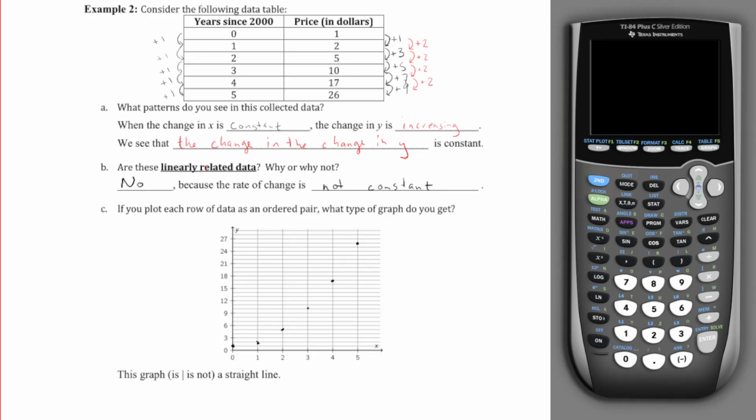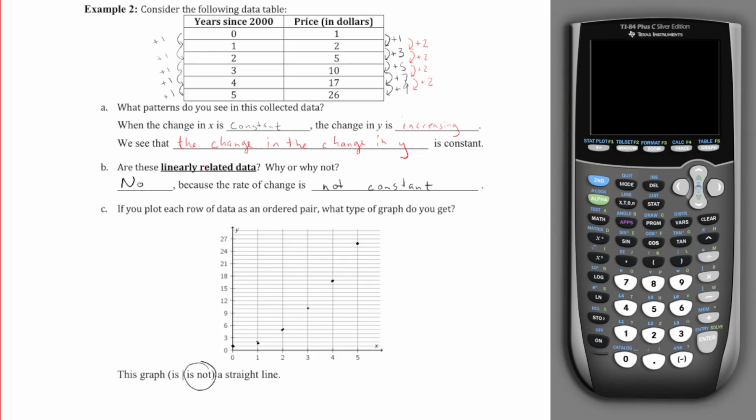Right, if we try to draw a straight line through any pair of these points, that line misses the other points. So this graph is not a straight line. We have a nonlinear relationship in the table.